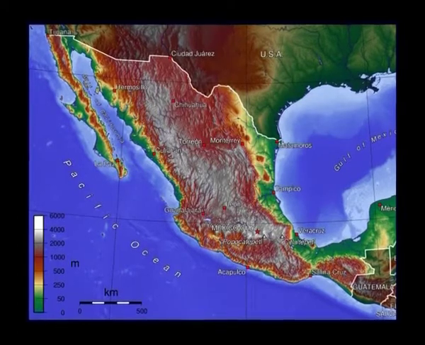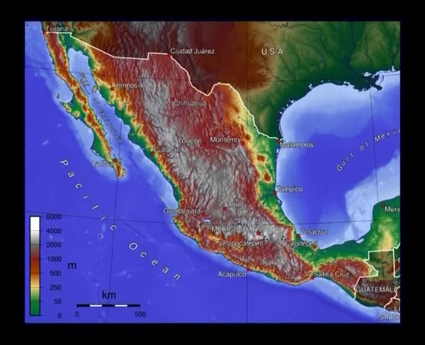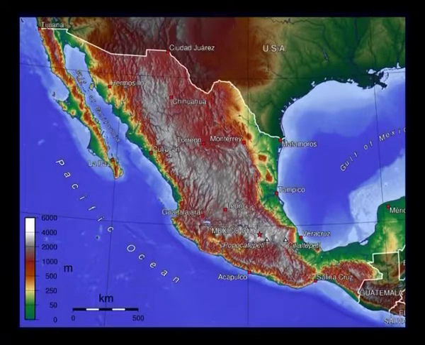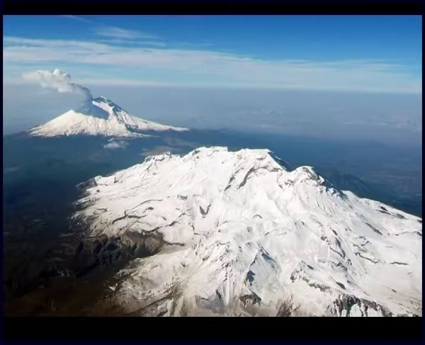At the center of the country, from east to west, Mexico is crossed by the Trans-Mexican Volcanic Belt, also known as the Sierra Nevada. Most of the central and northern Mexican territories are located at high altitudes with the highest elevations. These mountains make up 3 of the 7 tallest mountains in all of North America.